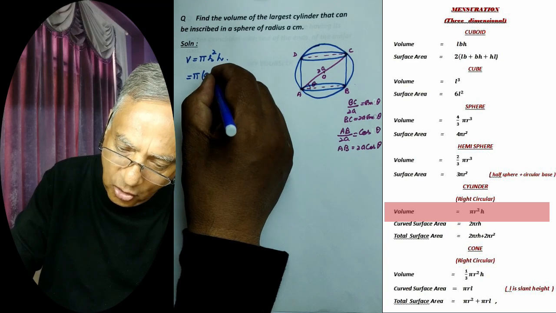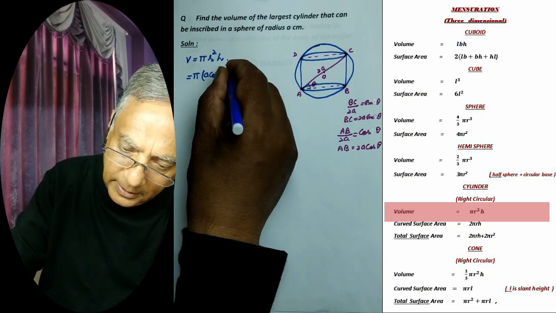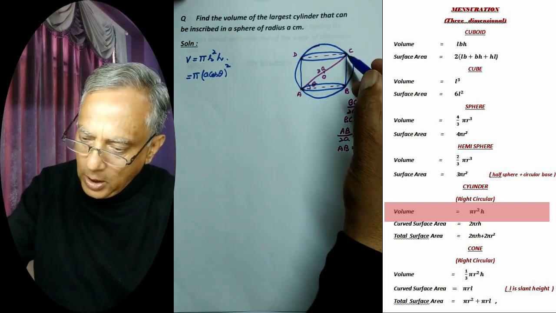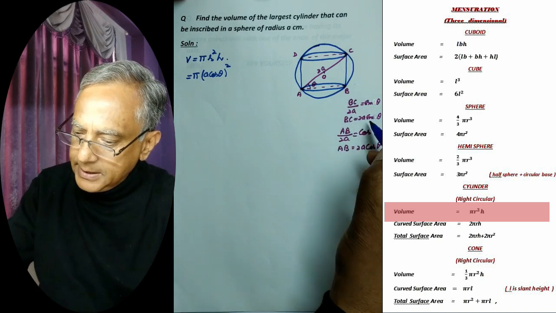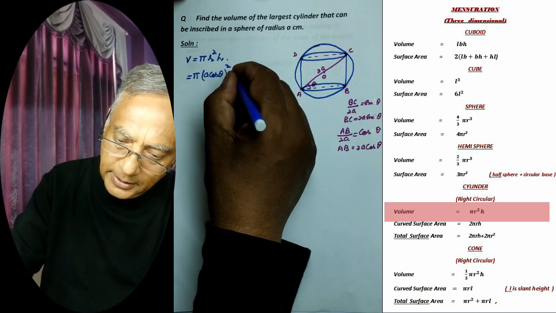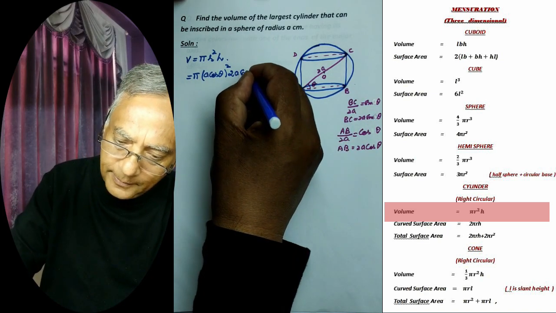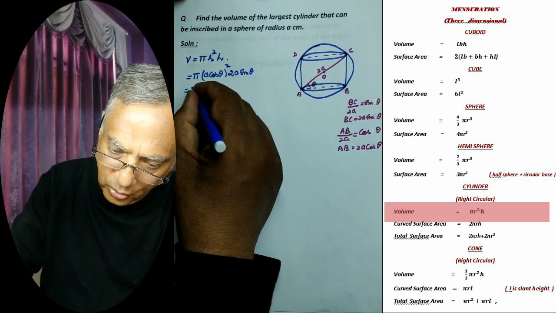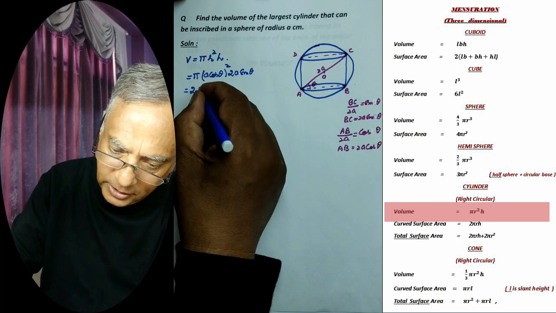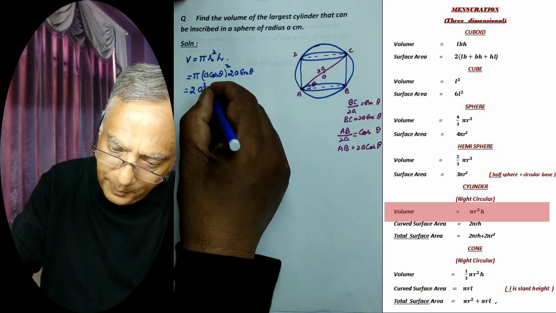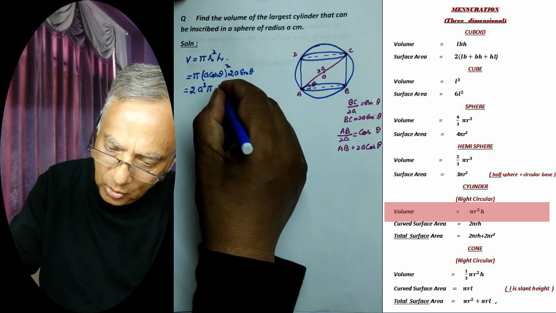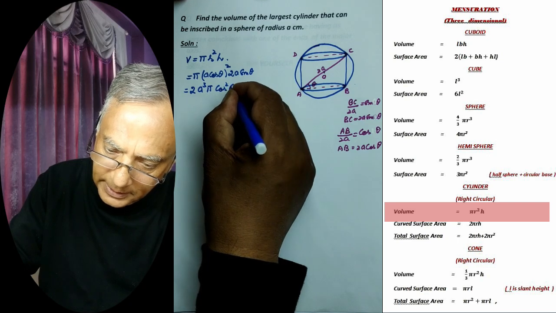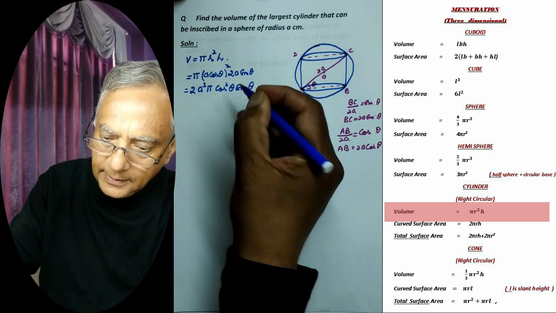Radius square into height. Height is BC, which is 2a sine theta. Therefore this is equal to 2a cube pi cos square theta sine theta.